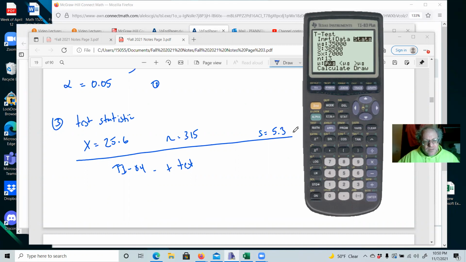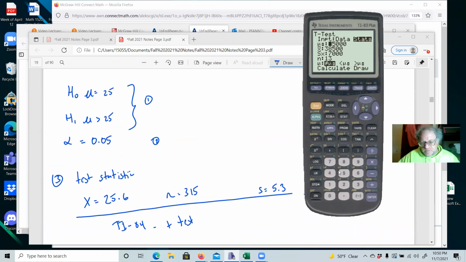So how much did we say? We said 25 pounds. X bar was 25.6. We had 5.3 as a standard deviation. We had N is 315.